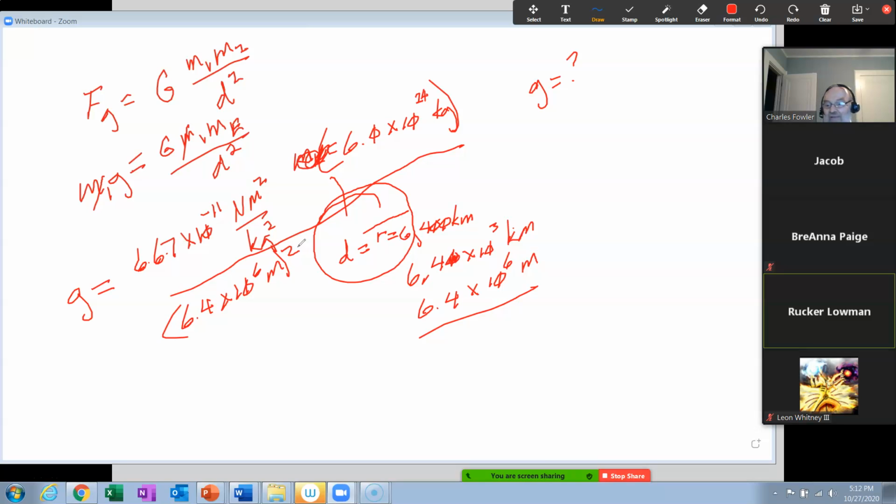So how do we do that? 6.67, don't do times 10, never do times 10, do your EE or EXP, and then on my calculator I have to do 11 next, and then change the sign to make it a minus 11. Now that's going to be multiplied by the mass of the Earth. Well, the mass of the Earth is 6 EE 24, so I don't need a minus sign.